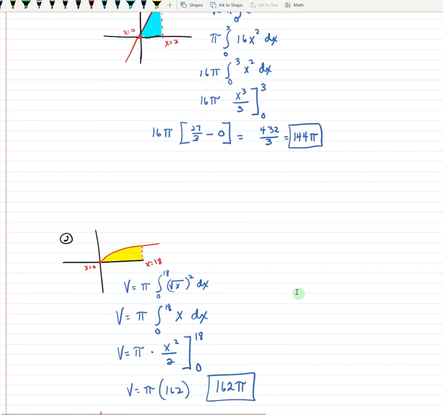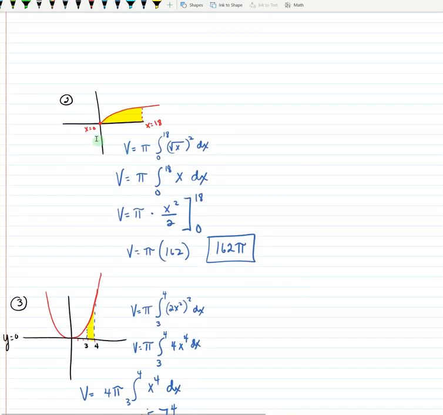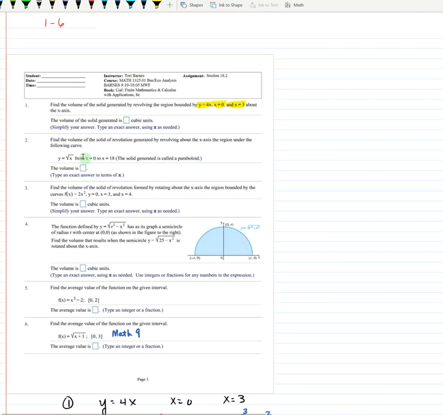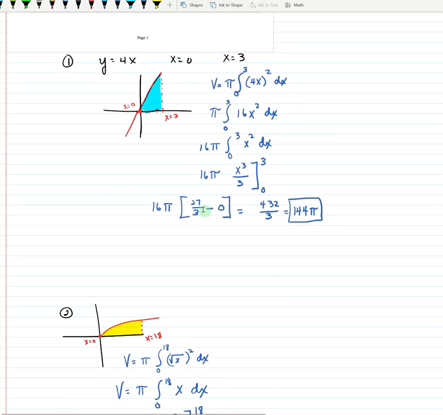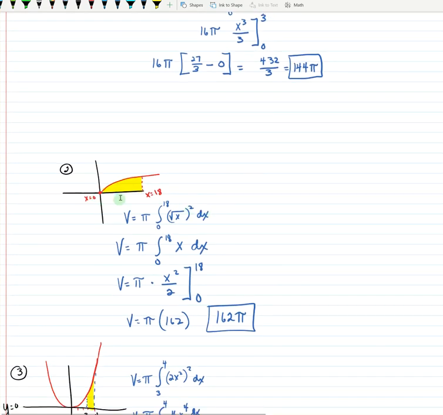All right, let's look at number 2. Let's go back here. Volume of the solid of revolution, you get y equals square root of x from 0 to 18. So let's go down here. So from 0 to 18 and square root of x. So same idea, pi, 0 to 18, square root of x squared. Well, when you square that, you just get x.